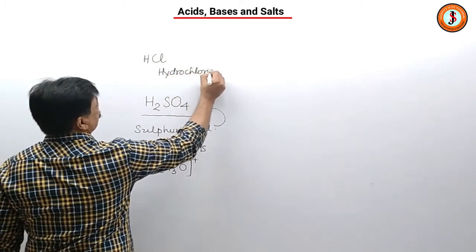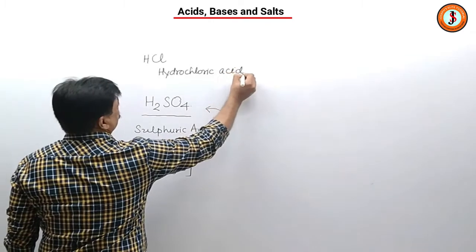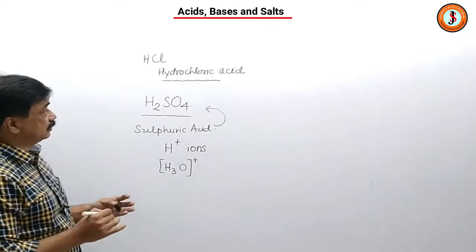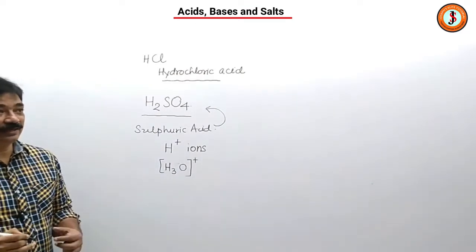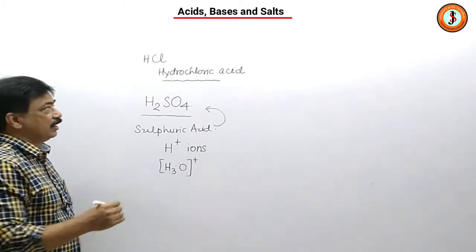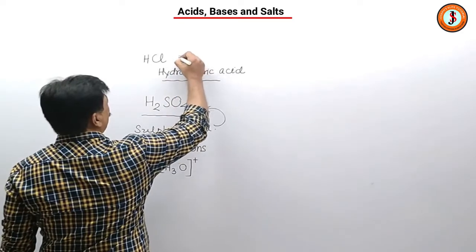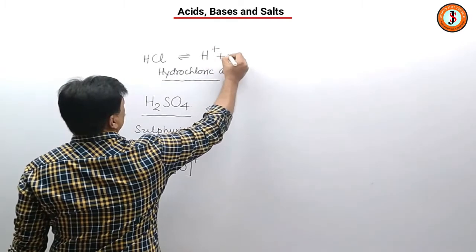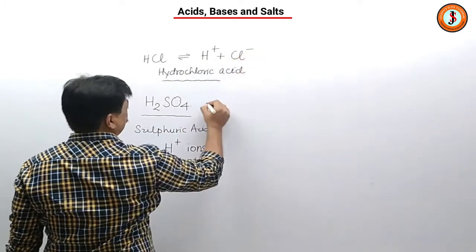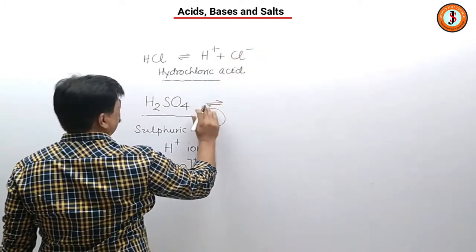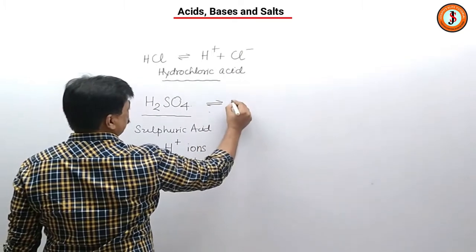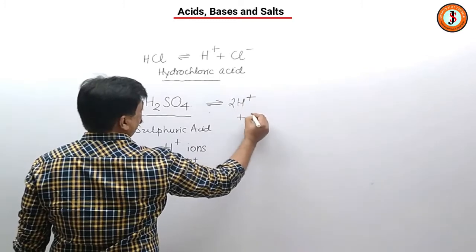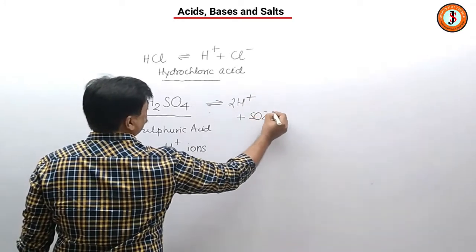All these acids are ionic in nature and they dissociate, and their cation is always the hydrogen ion. Let me dissociate sulfuric acid. In a solution they will always be in the form of cation and anion.